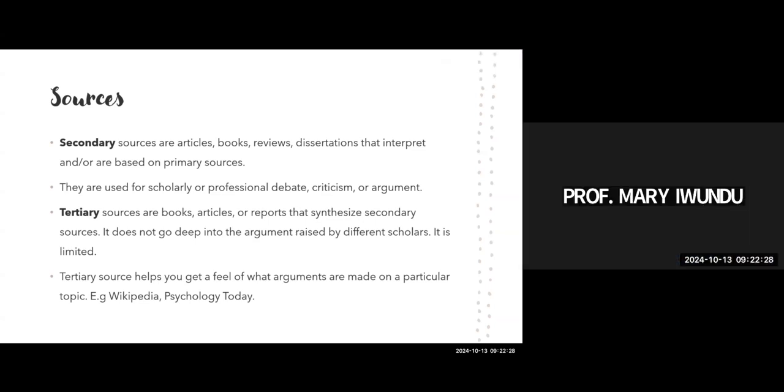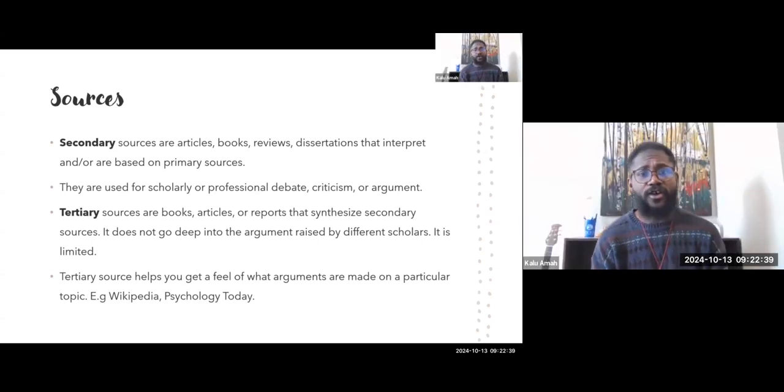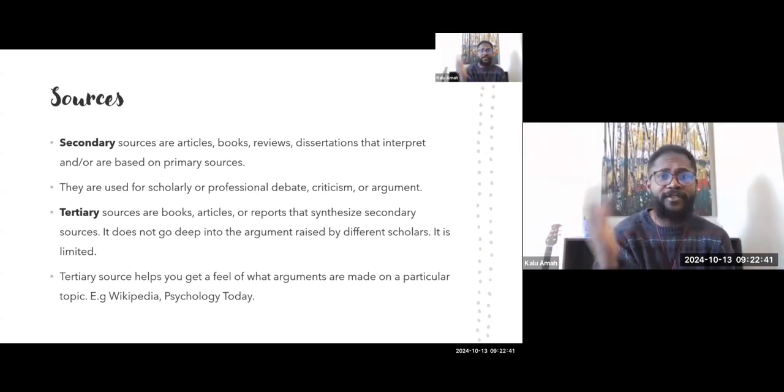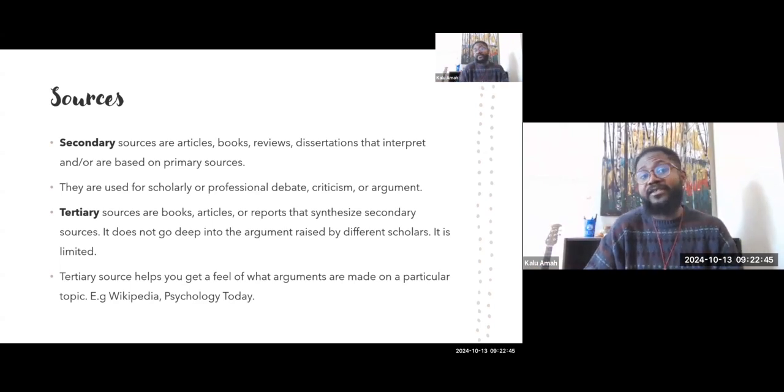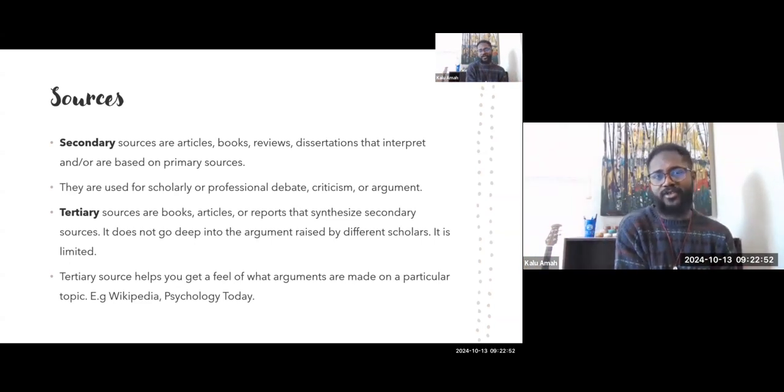I'd like you to actually differentiate between the tertiary and the secondary. Can you emphasize a bit more on the tertiary sources? I'm not quite sure I got it. Yeah, I can do that in a minute. I said tertiary sources are articles that report on primary sources. Let me use liberal studies so I don't have to grapple with words.